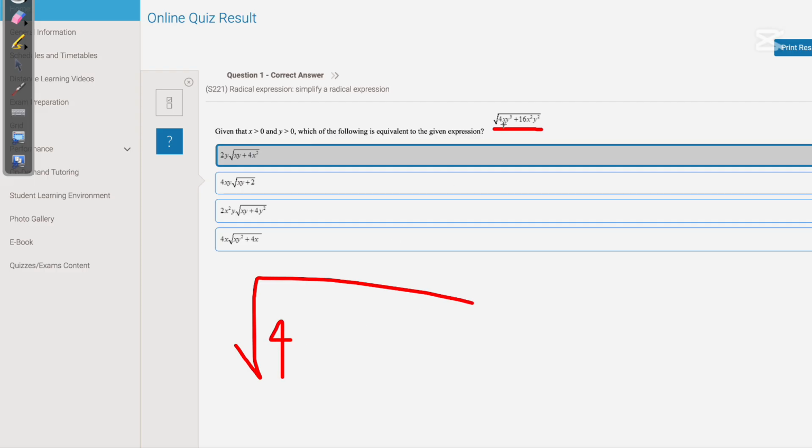X we can't take out, because there's only 1 x in one term, and there are at least 2 y's in each. So 4y squared times xy plus 4x squared.